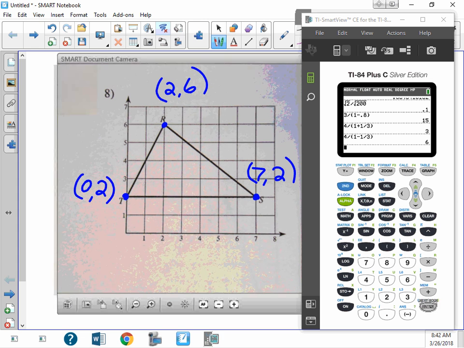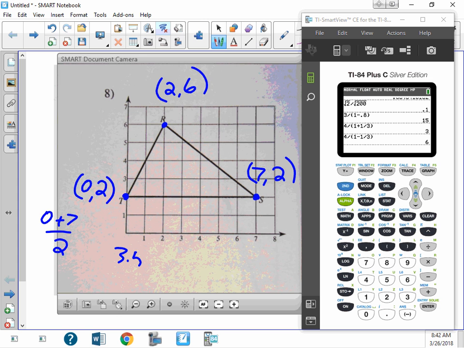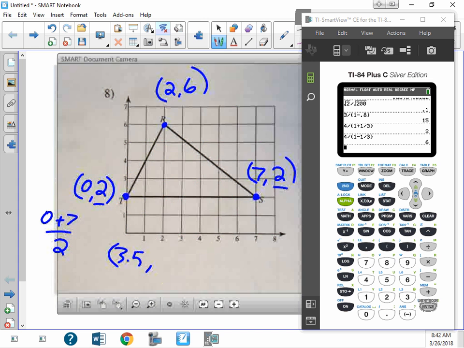So, the bottom midpoint, I do the x's. 0 plus 7 over 2. 0 plus 7 is 7, divided by 2 is 3.5. And then I do 2 plus 2. Wait a minute, I've got something wrong, right? 0, 2, 7, 2. Oh, nope, we're good. So 2 plus 2 is 4, and 4 divided by 2 is 2. So 3.5, 2, that's my first midpoint.